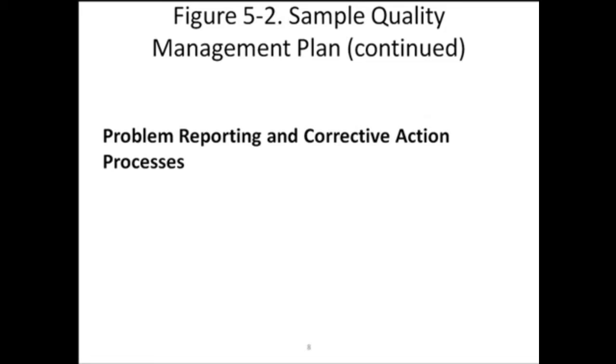Major problems should be brought to the attention of the project manager, who should elevate problems that might affect project success, including meeting scope, time, cost, and quality goals, to the steering committee and then the project sponsor. It is crucial to address problems as early as possible and develop several alternative solutions. So you'll need to develop a problem reporting and corrective action process as it pertains to quality.